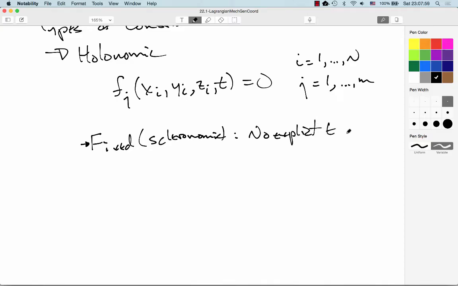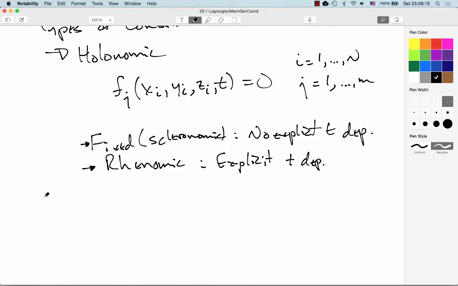Implicit time dependence is okay, but no explicit time dependence. If there is an explicit time dependence, then it's called a rheonomic constraint. All right. The other major category are non-holonomic constraints. A non-holonomic constraint is literally one that can't be written in holonomic form.